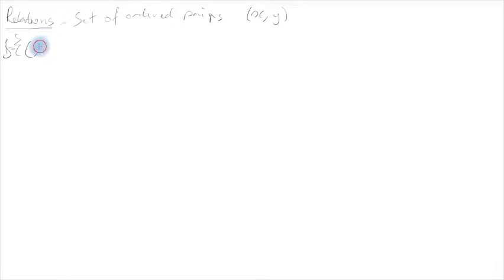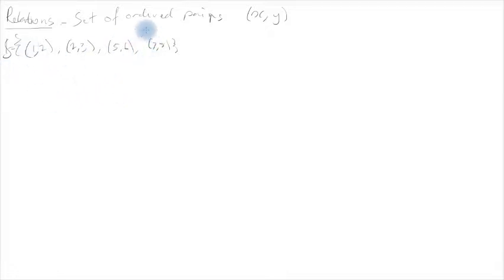Make it contain (1, 2), (2, 3), (5, 6), and (7, 8). Okay, so it's a set. Yes, it's got braces and a big letter to name it, and it's a set of ordered pairs because there are 4 elements and each one is an ordered pair. That's basically all it is.